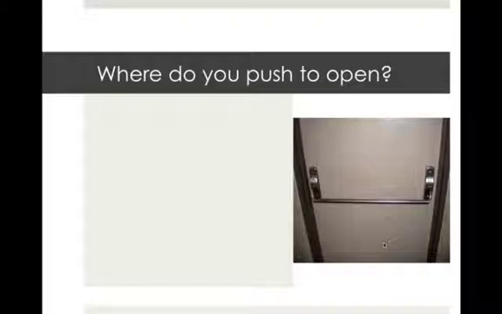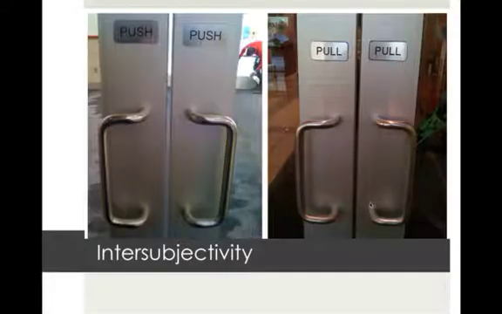Because the designer of this door understood how to open the door using this particular mechanism, but the way it was designed wasn't necessarily clear to me. I don't know where to push, and as a result, I'm going to struggle a little bit when opening the store. I may have to push a couple of times before I get it right. So that is an example of a lack of intersubjectivity. Here's another example.